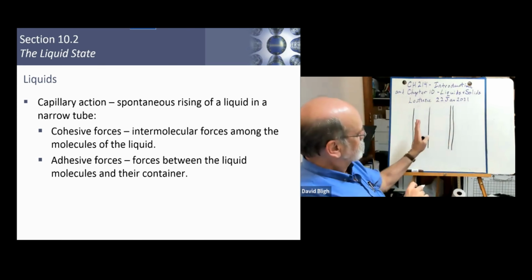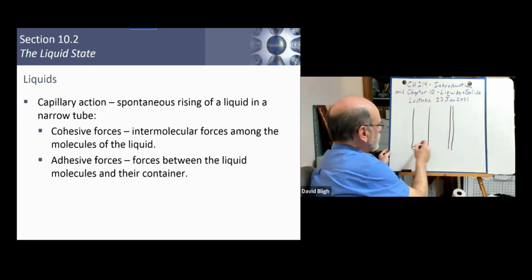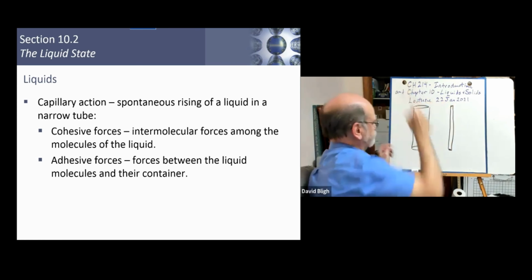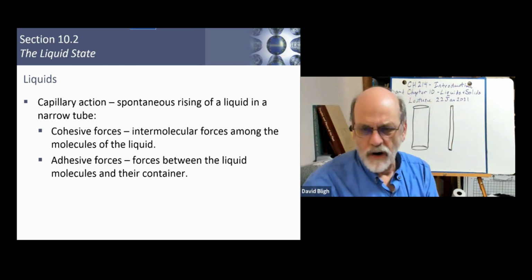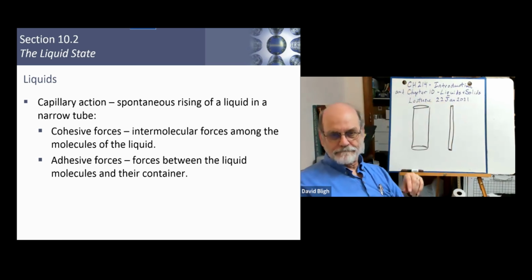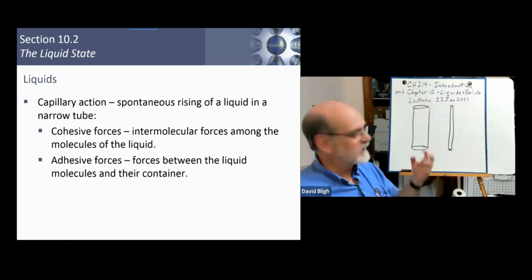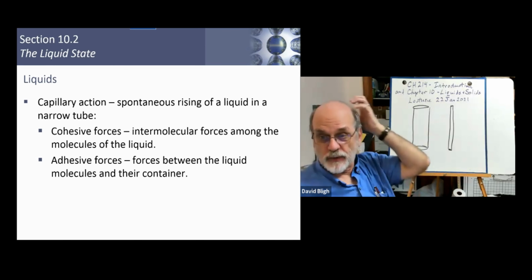Okay, so there's a wide bore tube and a narrow bore tube. So what's happening? Well, you have a competition within the liquid and between the liquid and the walls of the tube.